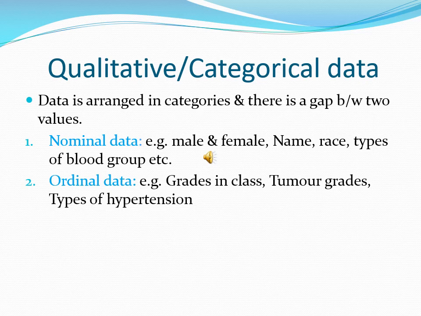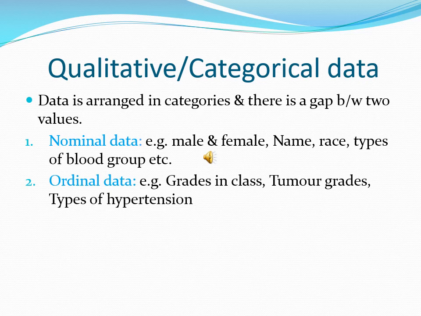For example, gender or sex, such as males and females. One can write green, blue, red as categories as well. Other examples are types of blood, race, name, name of country, name of crops, type of blood groups, gender, etc.